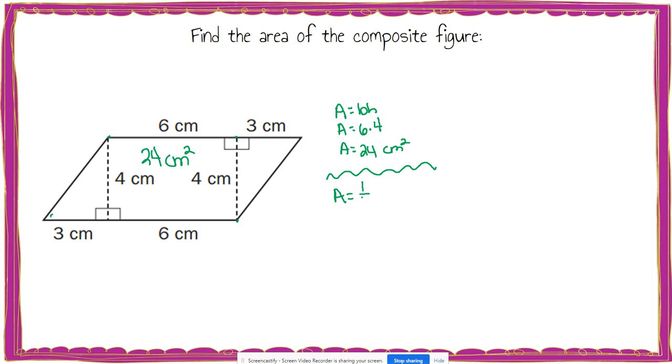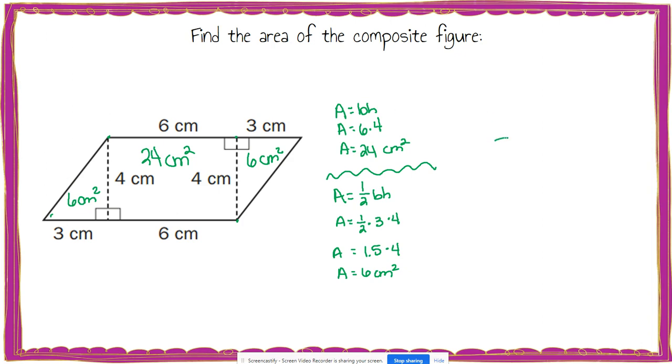So I'm going to use my area formula, which is 1/2 base times height, and I'm going to multiply 1/2 times my base of 3, then times my height of 4. 1/2 times 3 is 1.5, and then 1.5 times 4 gives me an area of 6 centimeters squared. So that means that this triangle has an area of 6 centimeters squared, and this triangle also has an area of 6 centimeters squared because they both had the same measurements.